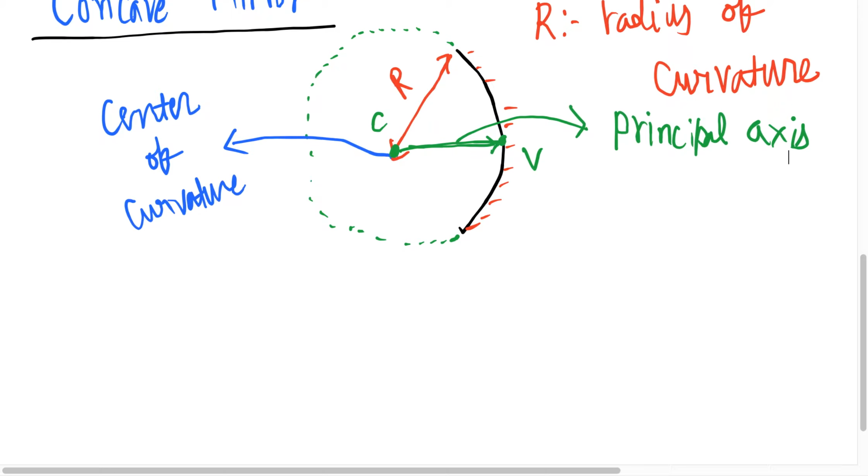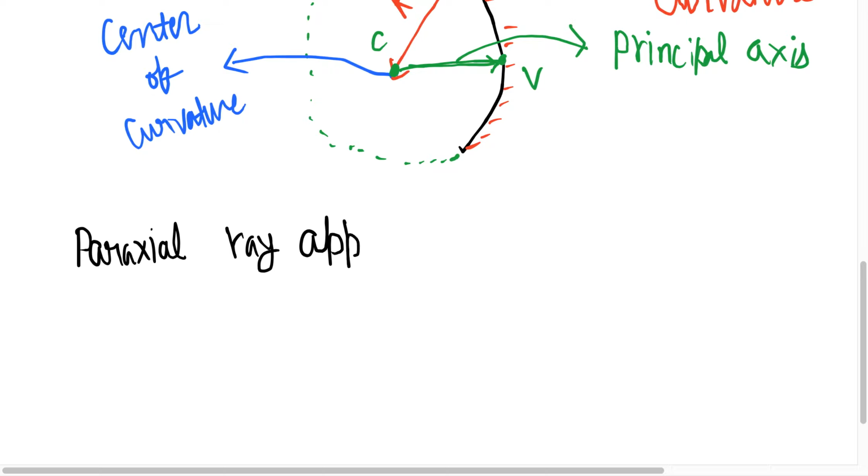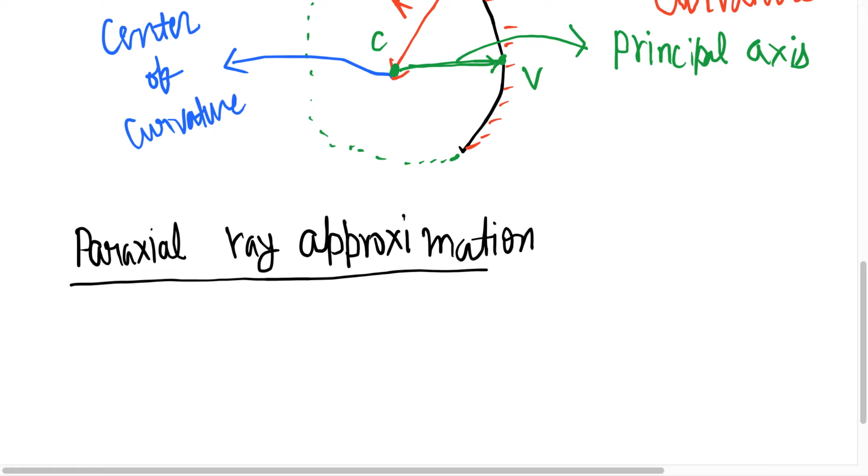Now, in this tutorial and further tutorials, we will make an approximation called paraxial ray approximation. According to this approximation, we will talk about only those rays which make a small angle with the principal axis.